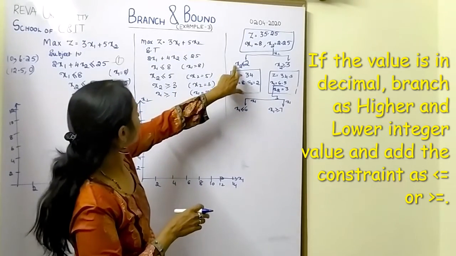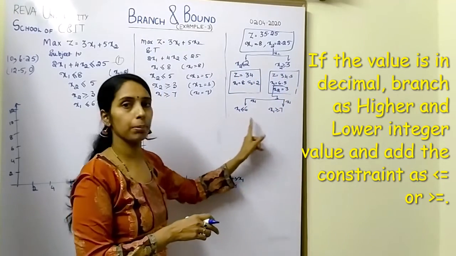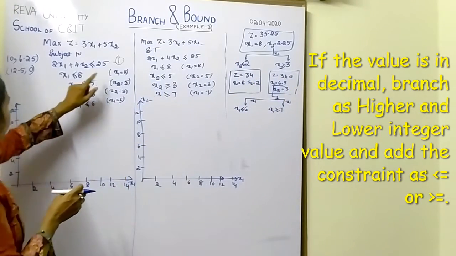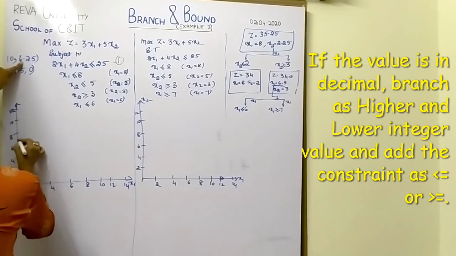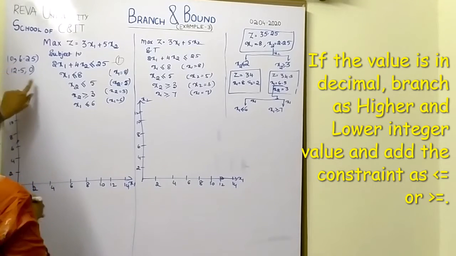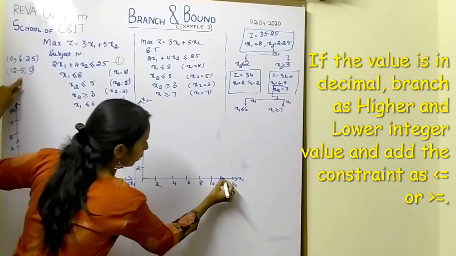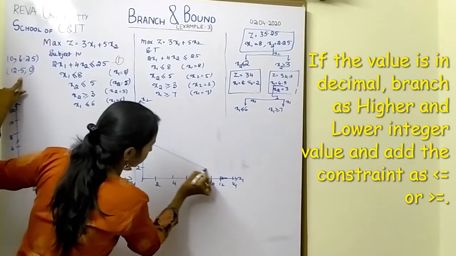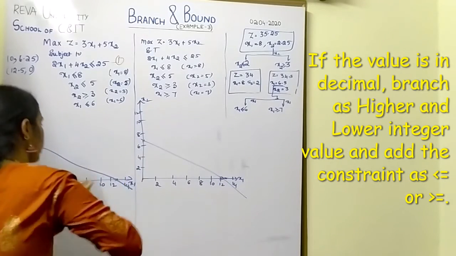You have to remove x2 less than or equal to 2 because we are traveling in this path now. Now start again. For this, x1 is 6.25 and 12.5 to 0, 6.25, 12.0. So join this, and here also join this.